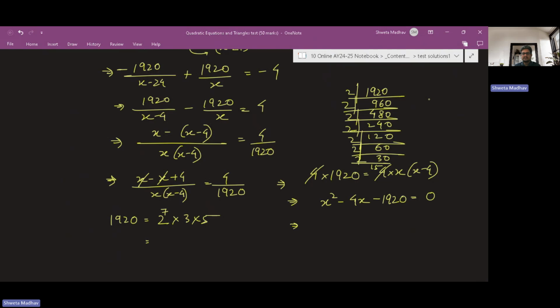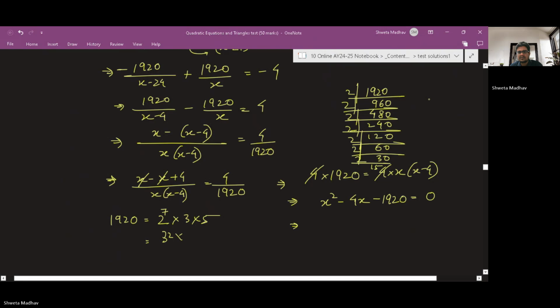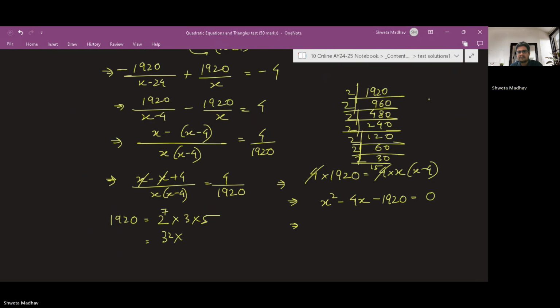8 2s are 16, so this is 32. 32 into 2 into 60.